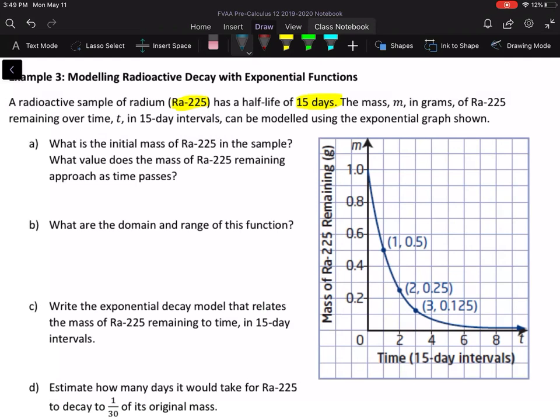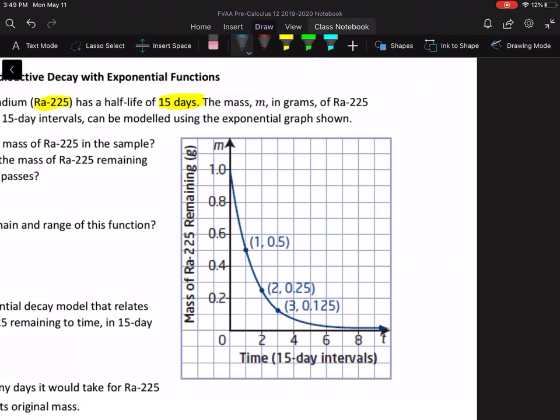The mass M in grams of radium-225 remaining over time t in 15-day intervals can be modeled using the exponential decay shown. So if you had 100 grams of this radium-225, in 15 days, that's how much time it would take you to get to 50 grams.